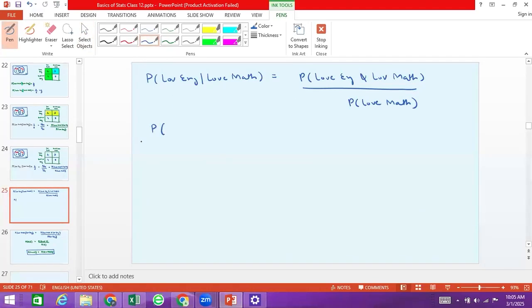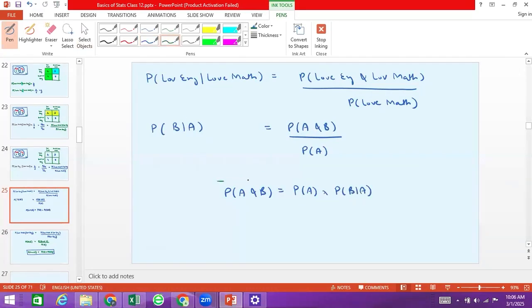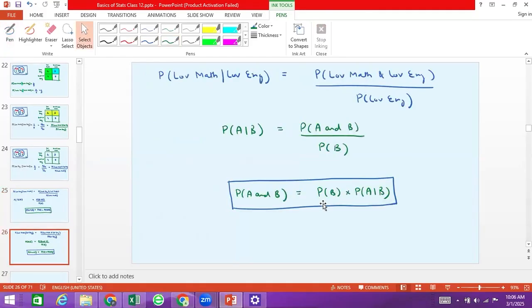So loving English is what? B, right? So B given A is equal to probability of A and B divided by probability of A, right? Which will become probability of A and B is equal to probability of A multiplied by probability of B given A. Right, so these two are the same equation more or less. This one and this one, just in a different format.